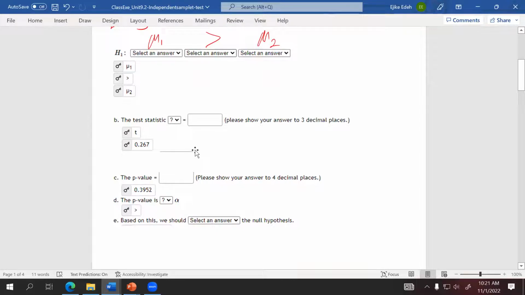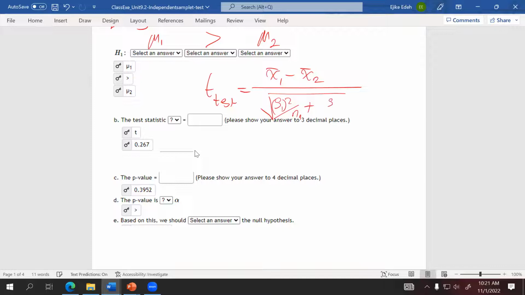Now, what is the t-test? We've seen that the formula is given as the difference in the means divided by the square root of the variance over N1 plus the variance over N2.